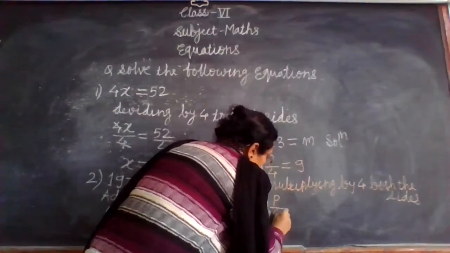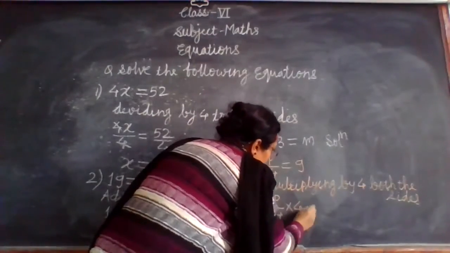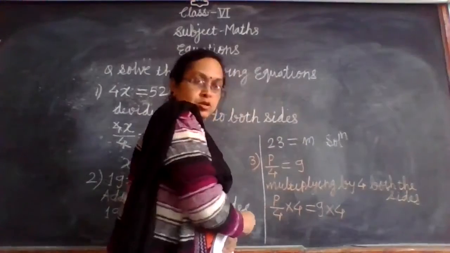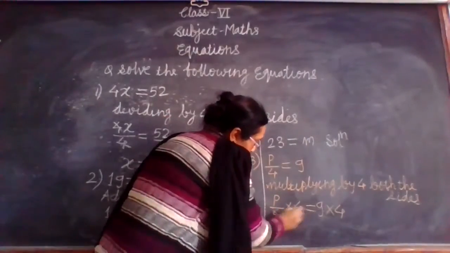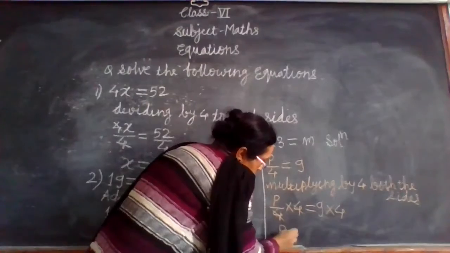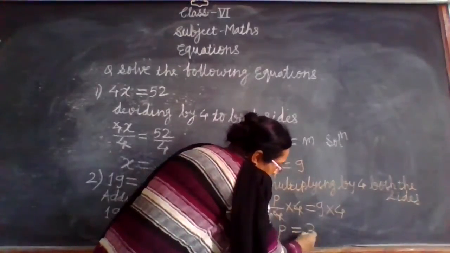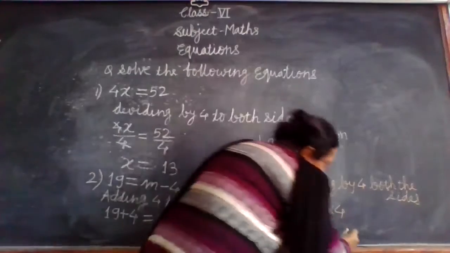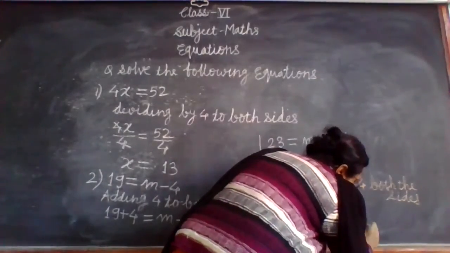P upon 4 multiplied by 4, and this side 9 multiplied by 4. So here 4 ones are and 4 ones are. This will get cancelled. So remaining is P equal to 9 fours are 36. So this is the solution of that equation.